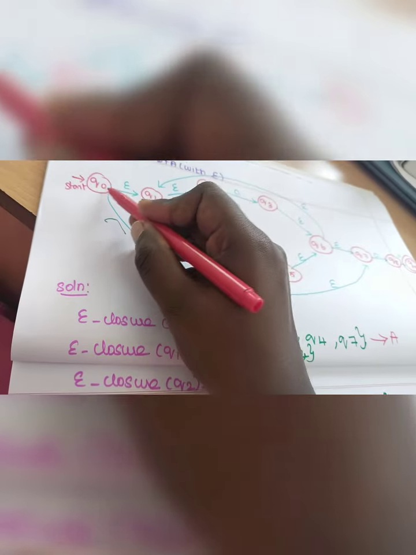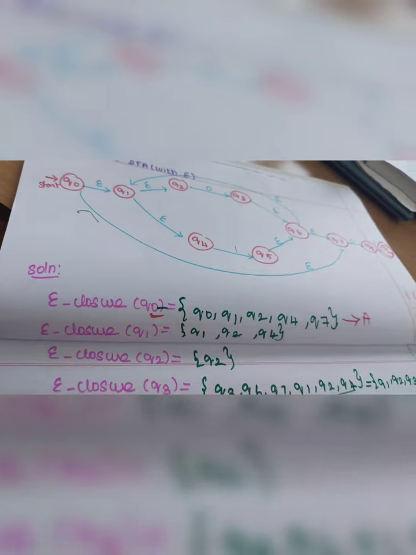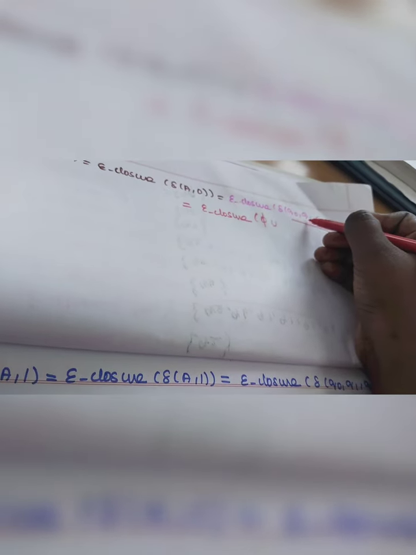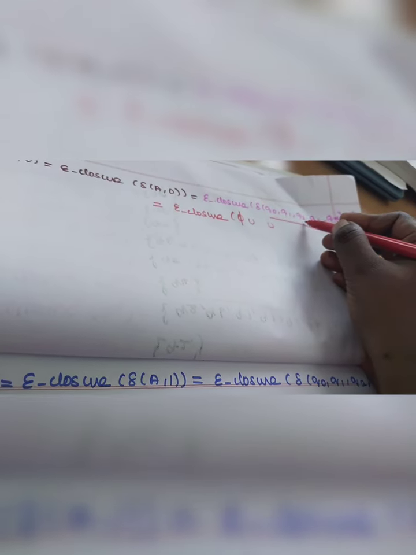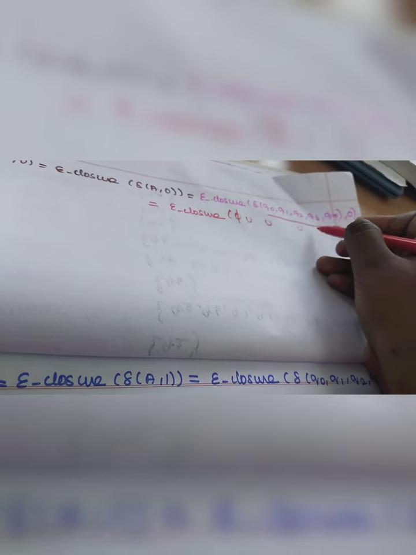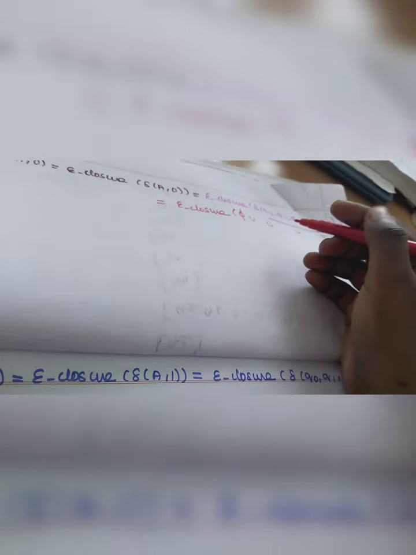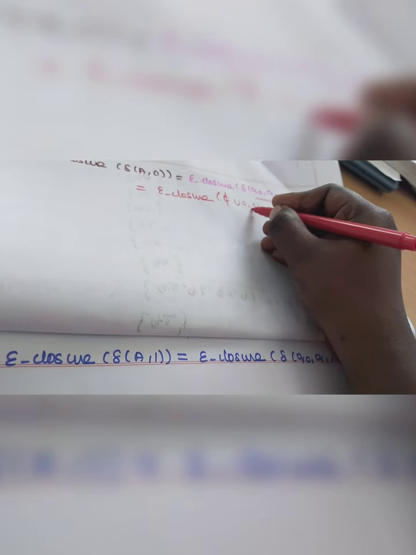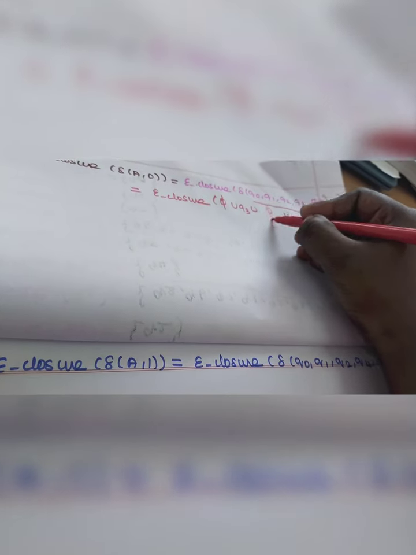Q0 with the input 0, where will it go? There is none, so you can mention phi. Union Q1 with the input 0, where will it go, union Q2 with the input 0, where will it go, union Q4. The same you can do for the remaining. Q1 with the input 0 goes to Q3. Q2 with the input 0 goes to phi.